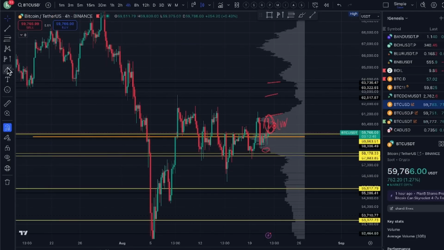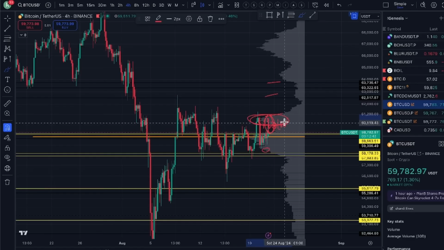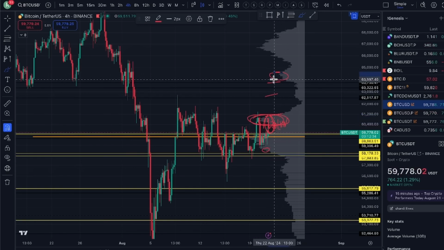If I go to the 4-hourly here, my bias is getting confirmed even further. I see this high volume node, and if you're able to accept above the 61,000 high volume node, then all the way into the 64,000, where we initially marked our points of control, we have this huge gap with very low volume.